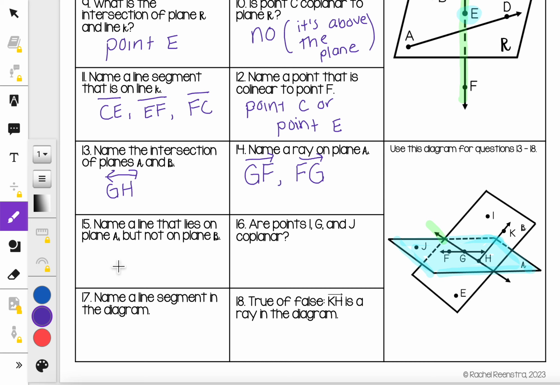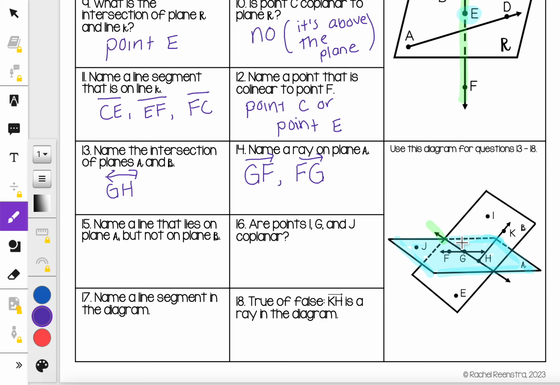All right, next one, it says name a line that lies on plane A, but not on plane B. Okay, so here we have to pick this line that we were already just talking about, line FG. So the two lines that are on plane A, if we look, it's going to be this one here, right? This line FG, and this line here, line GH.